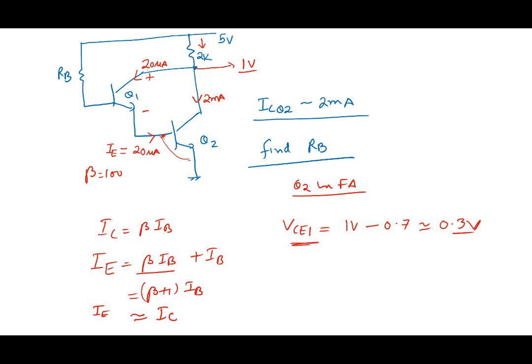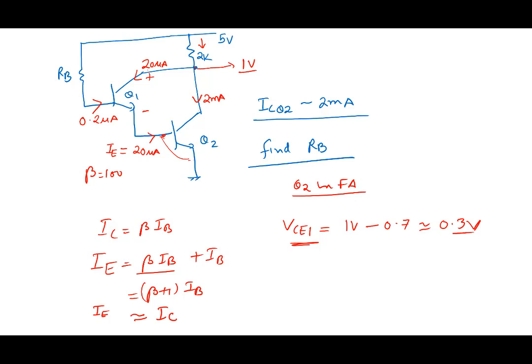So if this is 20 microamperes, what is the current here? 20 divided by 100, so 0.2 microamperes. Okay, so that also you know.